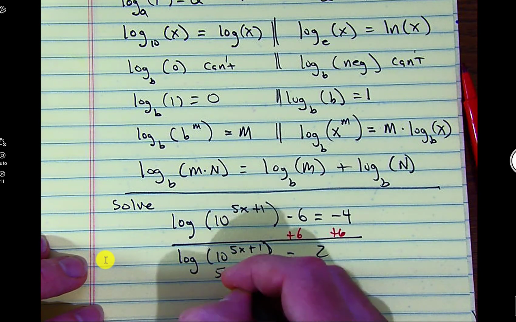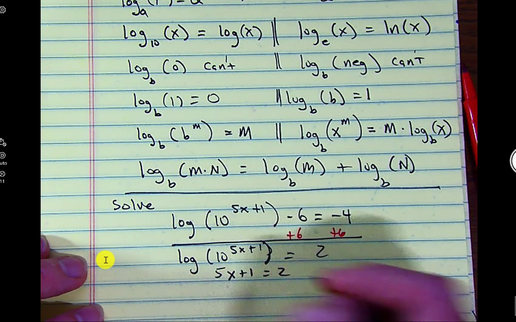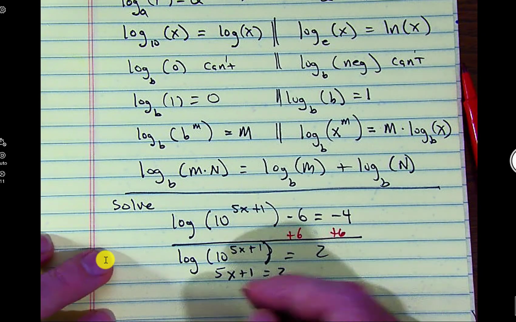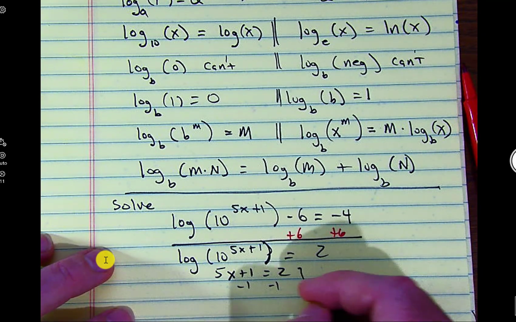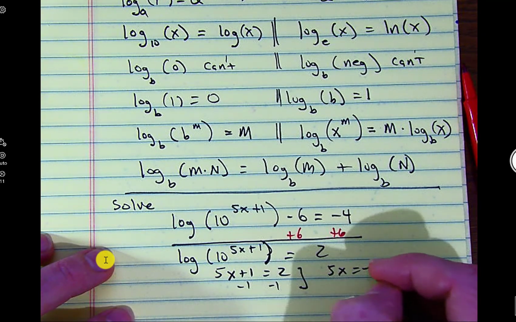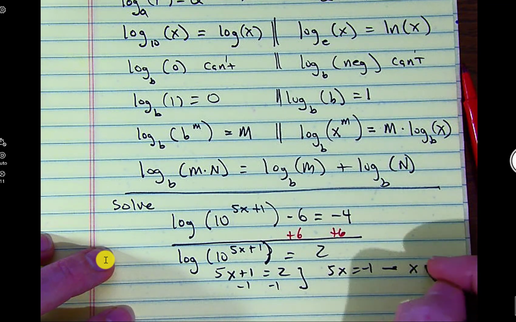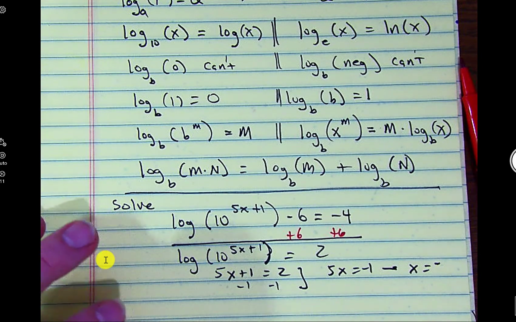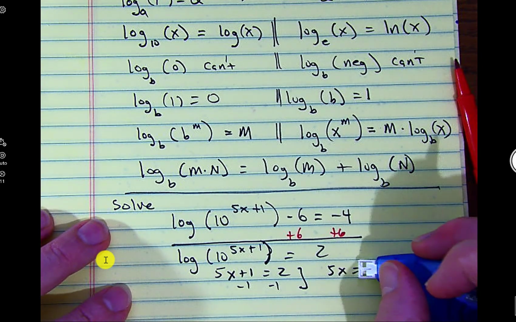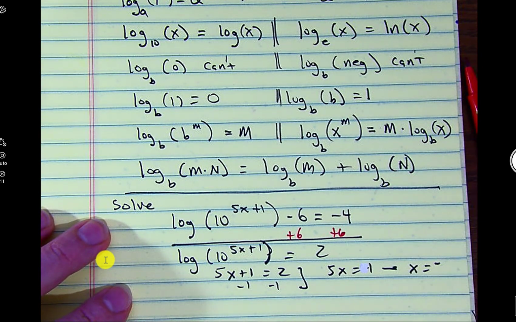The only thing left is the exponent. Easy. Minus 1. So 5x equals negative 1. x equals negative. It does not equal negative 1. It equals positive 1/5.